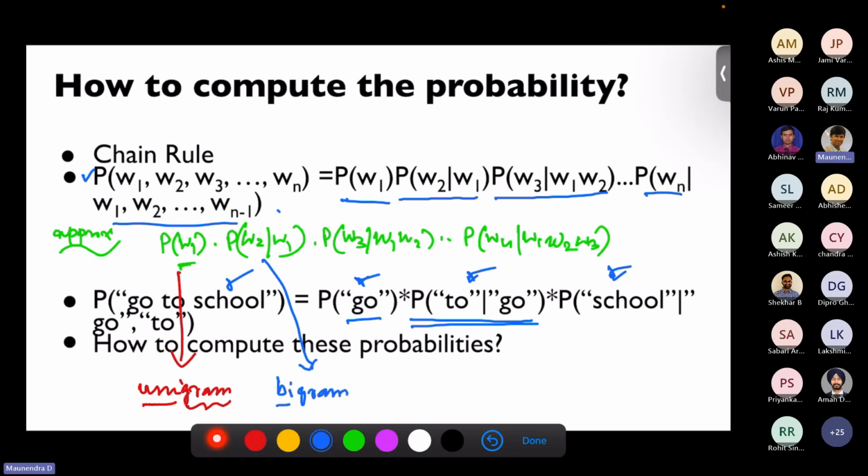Bi means two and gram means word, so we are looking at two words at a time. The third one we ignore. And if we use the third one also, that becomes a trigram model. Tri means three, so three words together. And then we can also have four, which becomes a quadgram.